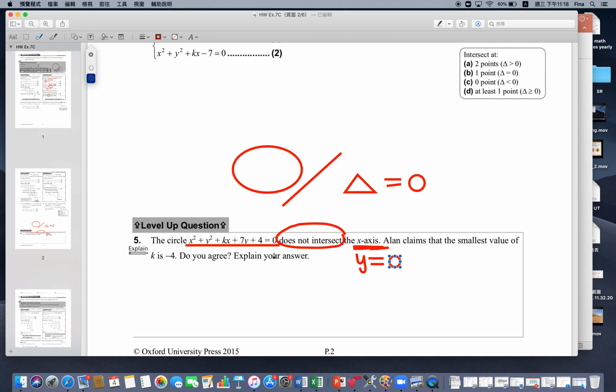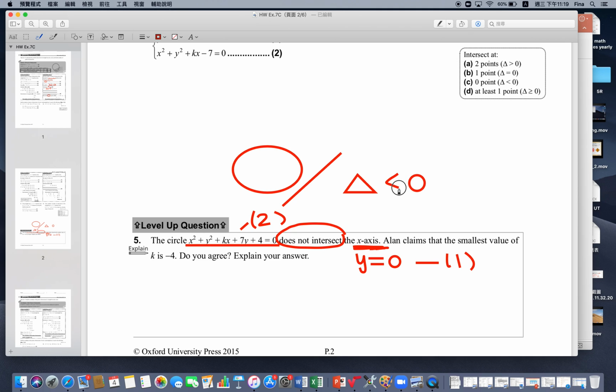So there are two equations. This is the equation of the straight line, this is equation 1 and this is equation 2. Then try to substitute equation 1 into equation 2 and then set the delta, which is, sorry, it is not equal to 0. It should be less than 0.